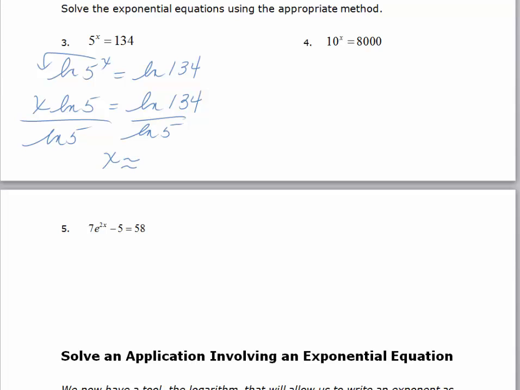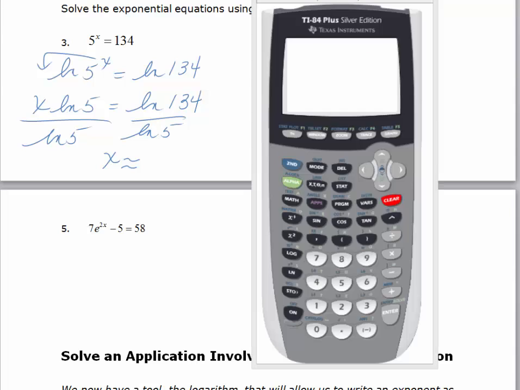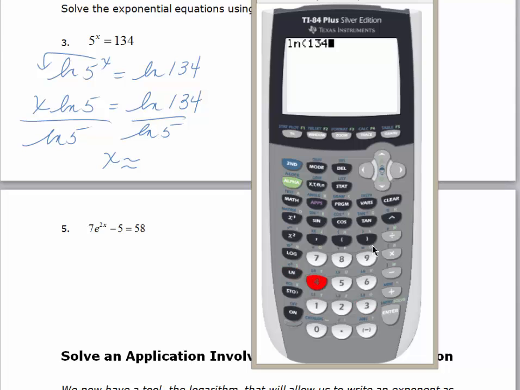And then we'll approximate this in our calculator. Ln of 134, close the parentheses, divided by the natural log of 5, and hit enter. We'll round to the nearest hundredth, so it would be approximately 3.04.